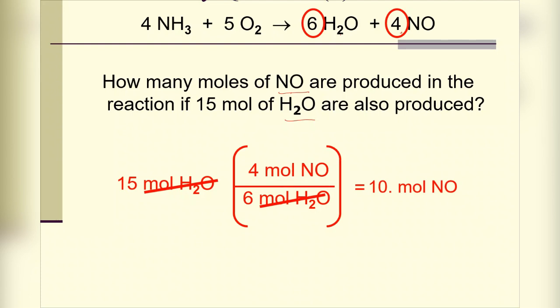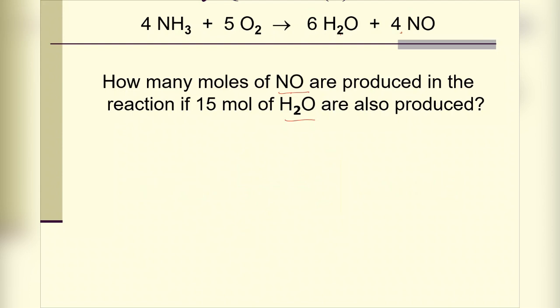I said mole ratio, right? So how do we do it? You start from the same place, 15 mole of H2O. We make two columns, one given, one we have to find. H2O. Second we have to find NO. Look at the equation.